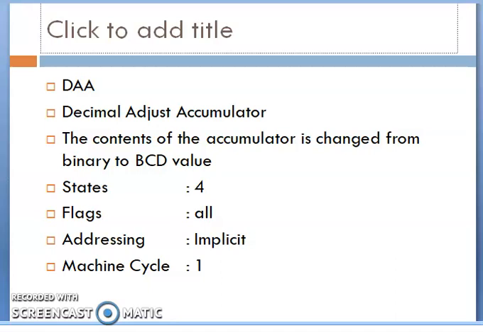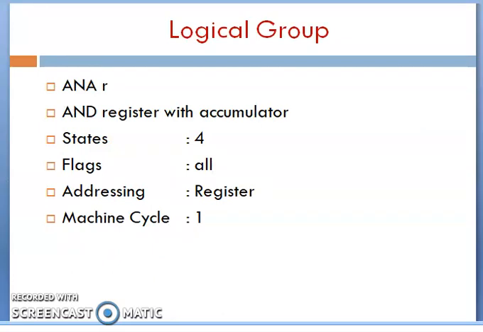Therefore, once the data is found, it can be converted into decimal by using the instruction DAA. The addressing is implicit since the operand is placed implicitly in the accumulator. States 4, all the flags are affected, and the machine cycle required is only 1.